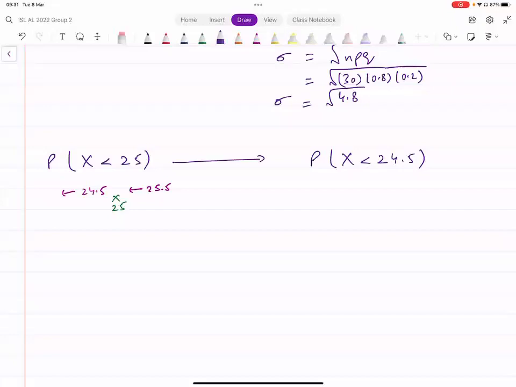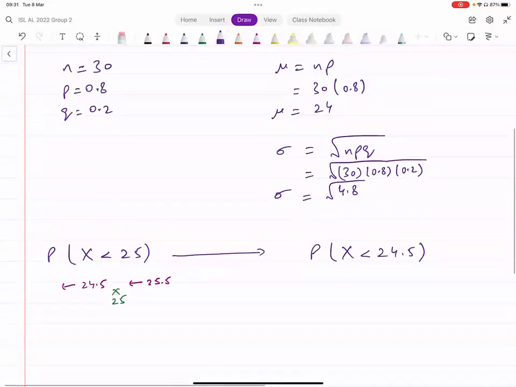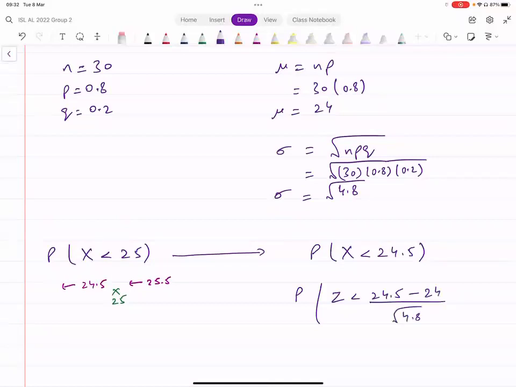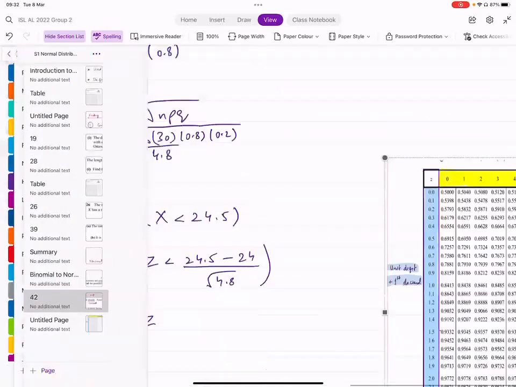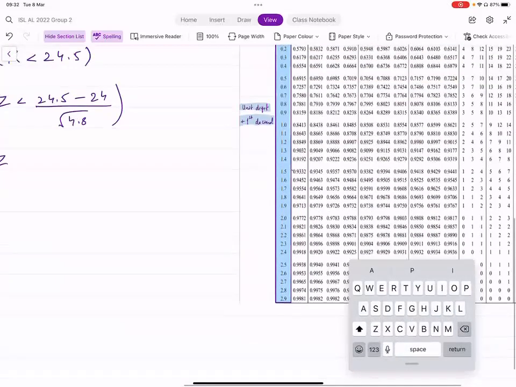Is that okay? Now we'll calculate using the z distribution, so let's convert it to z. z less than 24.5 minus the mean, which is 24, divided by the standard deviation, which is square root of 4.8. What do we get from this? Okay, let's look at that. 0.228.